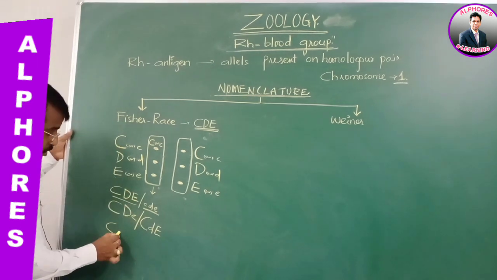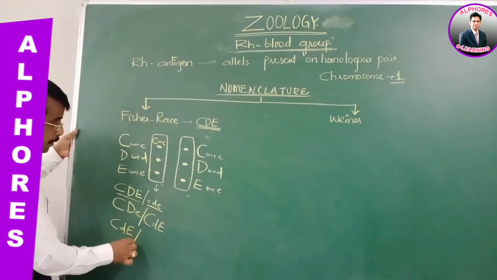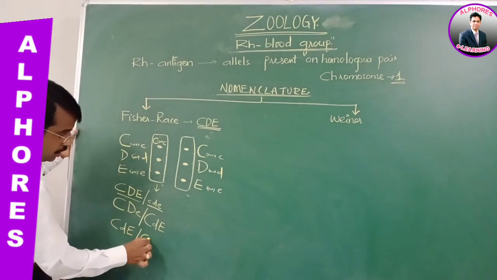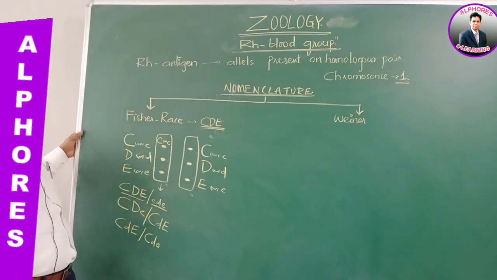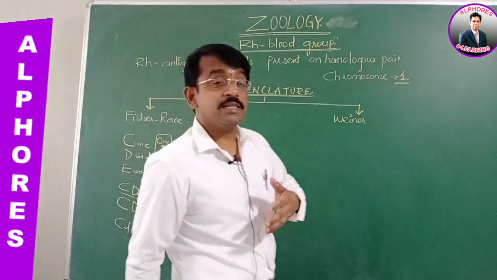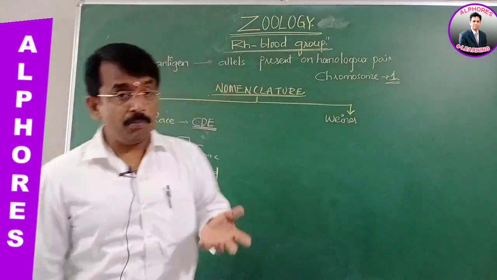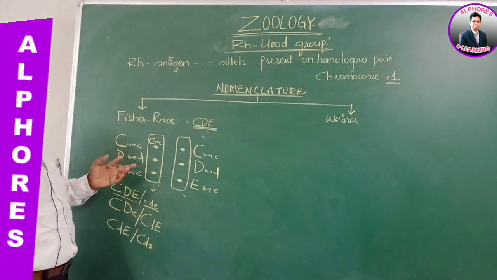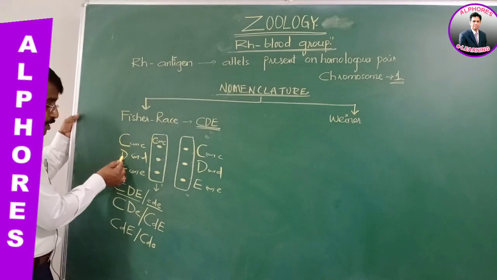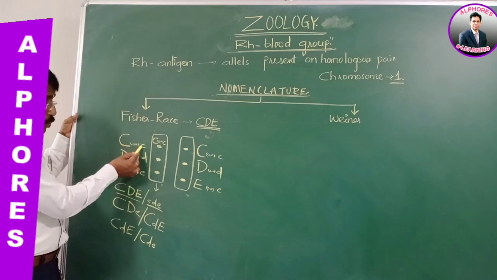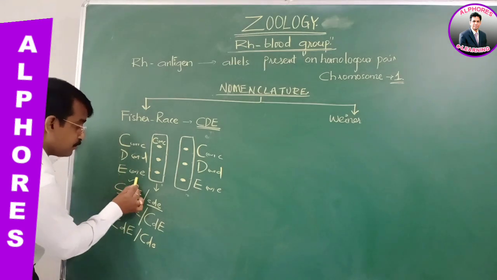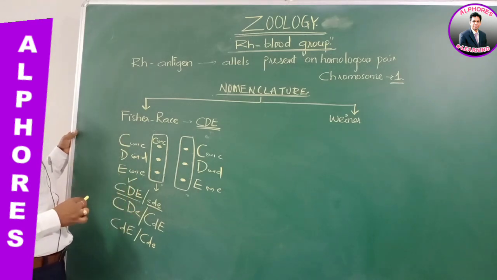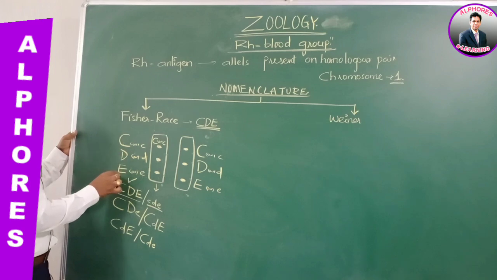Likewise, you can write as many. That is, all possibilities we can see here: capital C, capital D, capital E, small c, small d, small e. So each chromosome is denoted by means of this genotype.